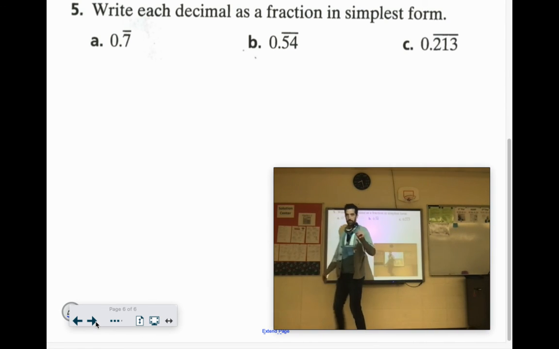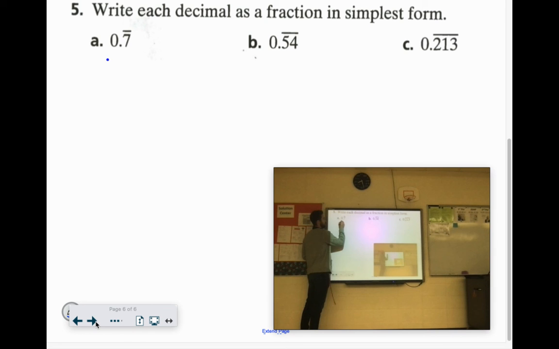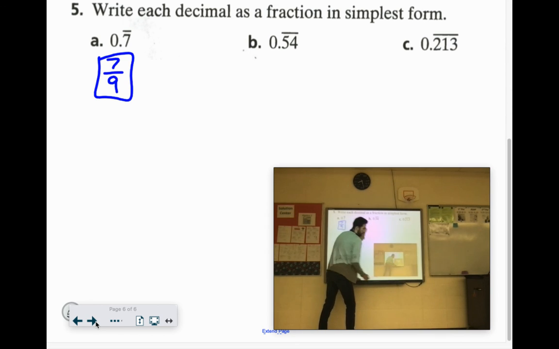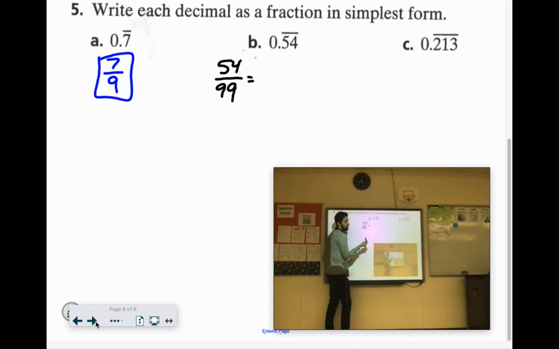0.7, one digit right after the decimal that repeats, so we put it over 9. Can't simplify 7/9ths anymore. 2 digits that repeat, you put it over 99. These are both divisible by 3. Actually, they're both divisible by 9 too. So 9 goes into 54 6 times, 9 goes into 99 11 times.